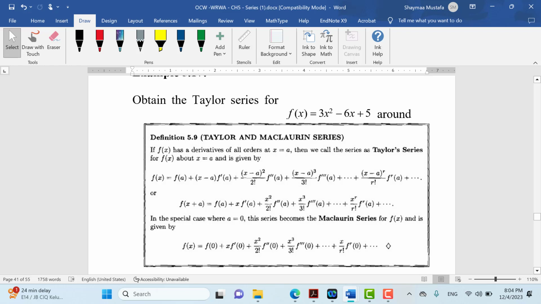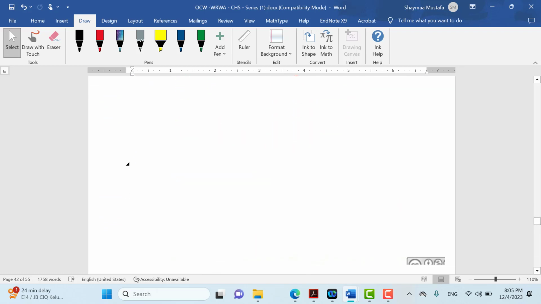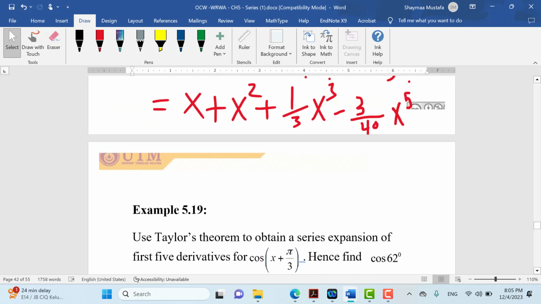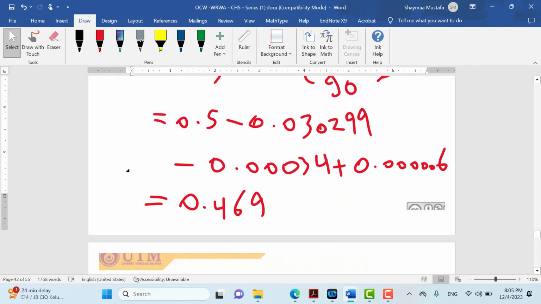And here x will be equal to 2 only, because pi over 90 plus pi over 3 will be 62 degree. If this one confuses you, you can keep using the first one.